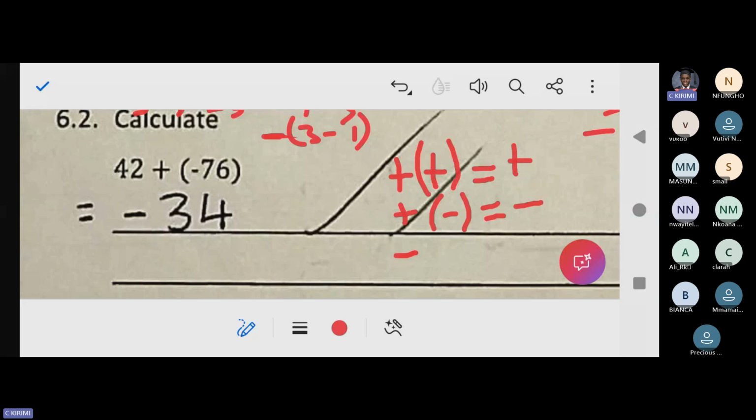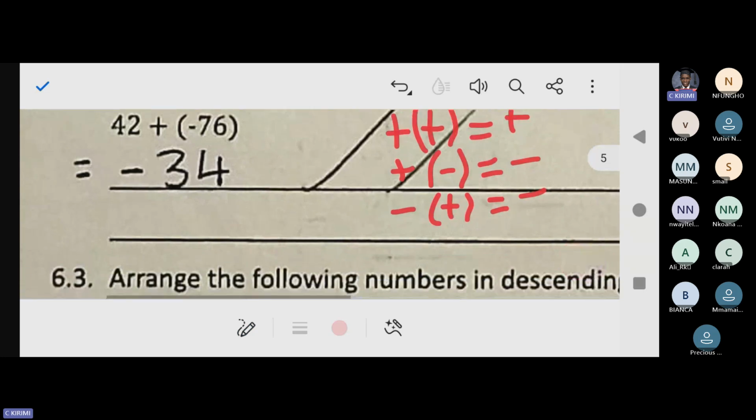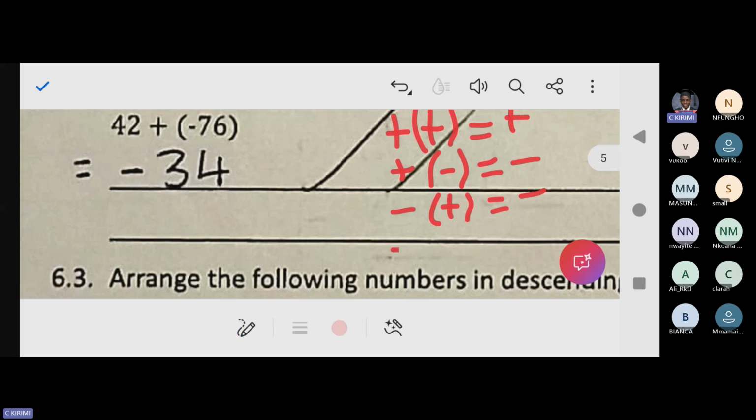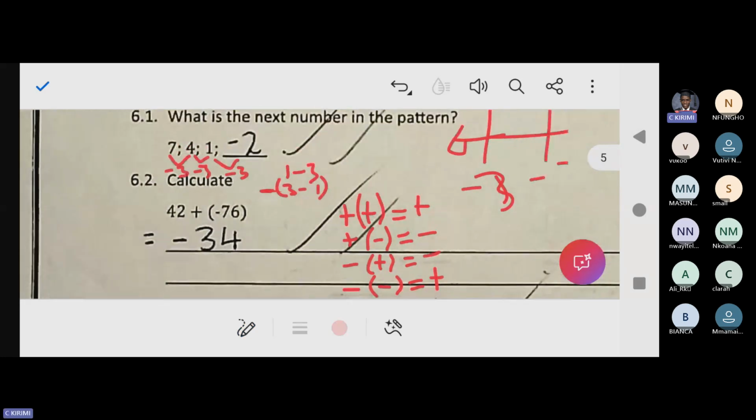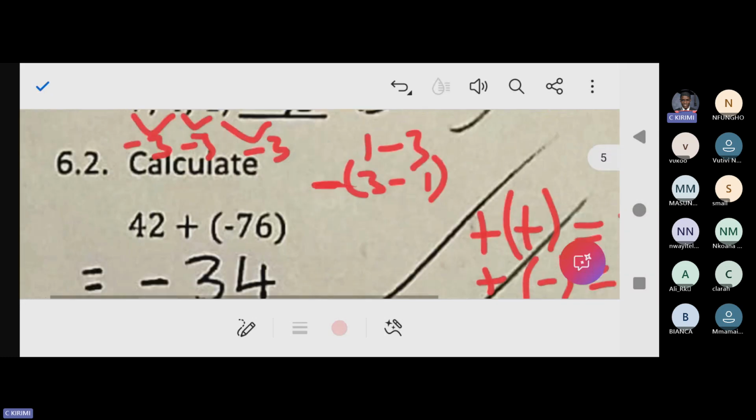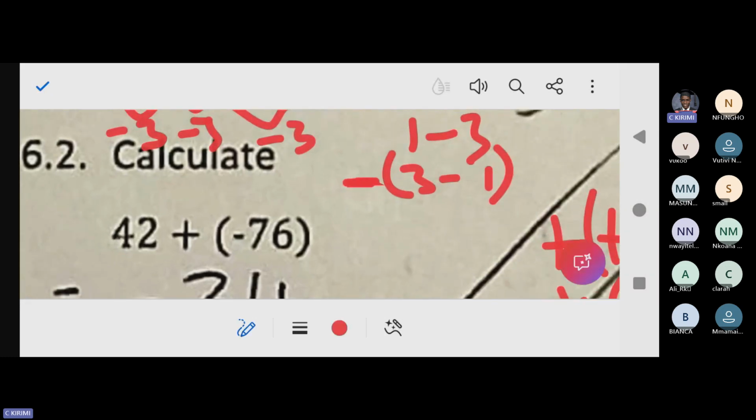If there's a negative applying a positive, it changes to a negative. And lastly, if there is a negative applying a negative, this changes to a positive sign. So which situation are we having here? Positive, negative, we say the sign is negative. So instead of writing these two signs, I replace them with one sign.